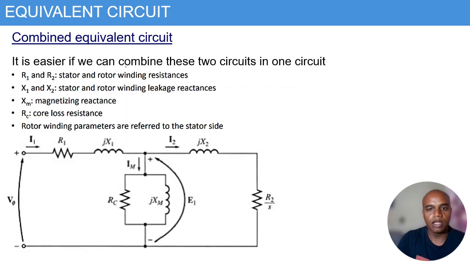However, here this is simply the similar equivalent circuit diagram, just like my transformer. Here I have shown that X2 is not a function of my slip, whereas the resistance of my rotor becomes a function of the slip. So it will be a varying function, and whatever I develop over the stator winding is transferred over to my rotor.